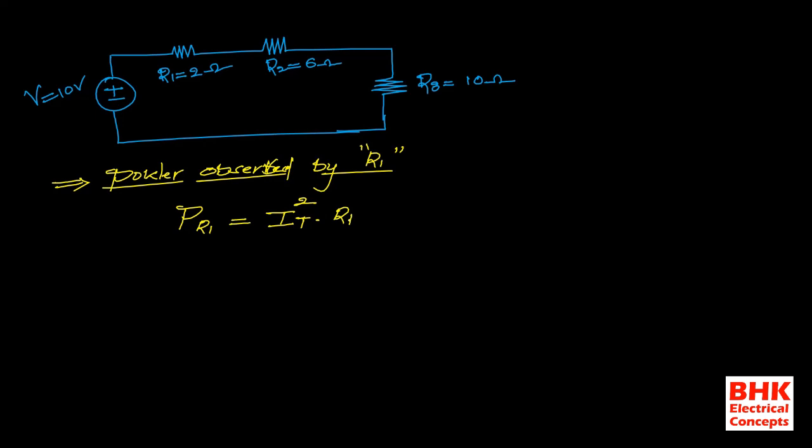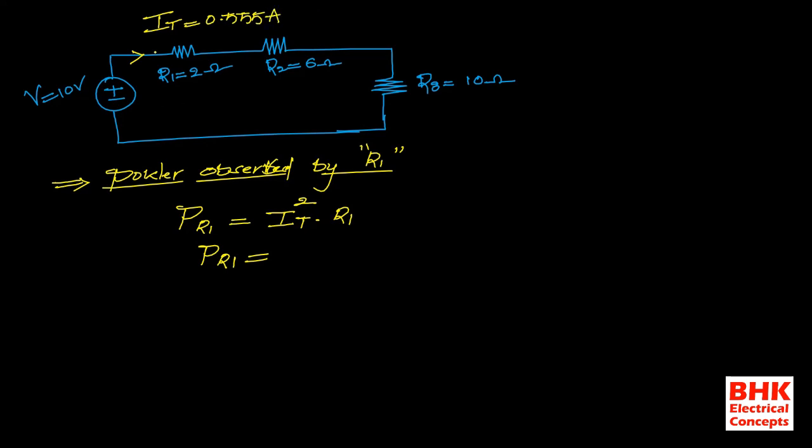Okay, while we are finding the value of voltage drop across each element, we are taking just the product of total current into resistance. But when we are going to find the value of power absorbed by each element, we are always taking the square of total current into R1. Now we know the total current flowing through this series combination of resistances is 0.555.